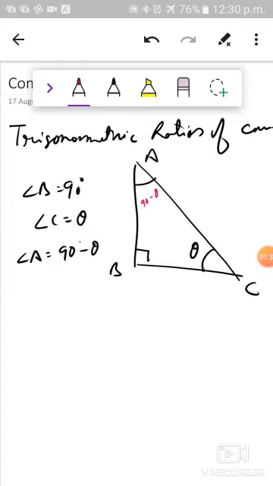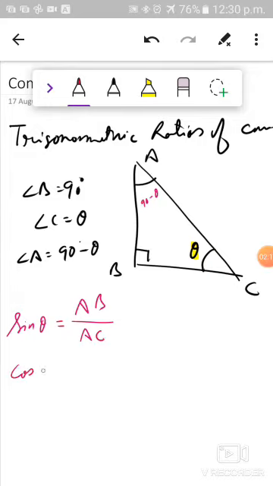Now see very carefully. I am going to write all the values of trigonometric ratios for theta and 90 minus theta for both the angles. So here I can write sin theta, that is the ratio of perpendicular and hypotenuse. Perpendicular means the side opposite to angle theta, that is AB, by hypotenuse, the side opposite to 90 degrees, that is AC.